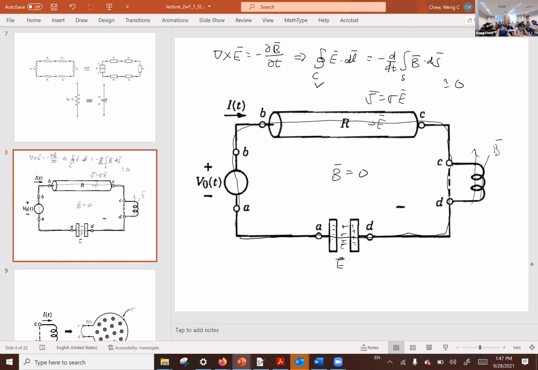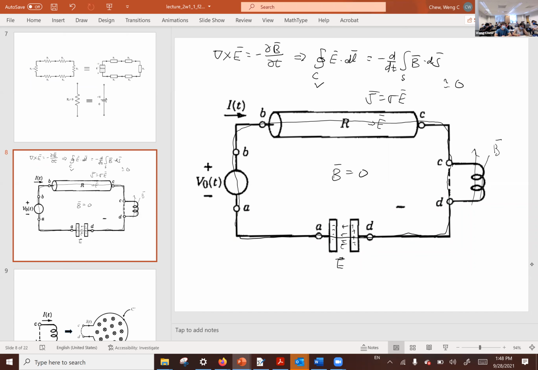And if this C is something like this, then it takes up no flux linkage as we integrate around this loop, and the right hand side is 0. Everybody agree? So the right hand side of this equation is essentially 0 if I integrate from A to B to C to D. There's no magnetic flux involved.